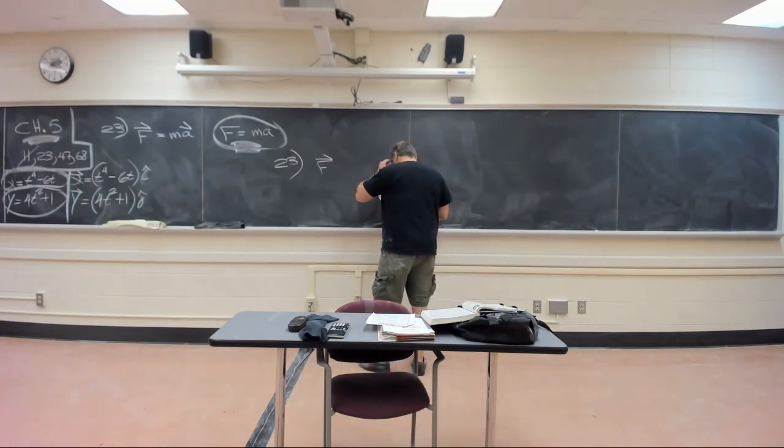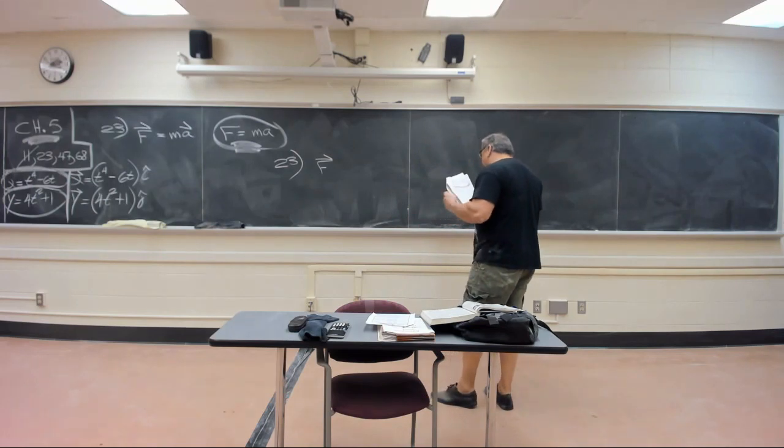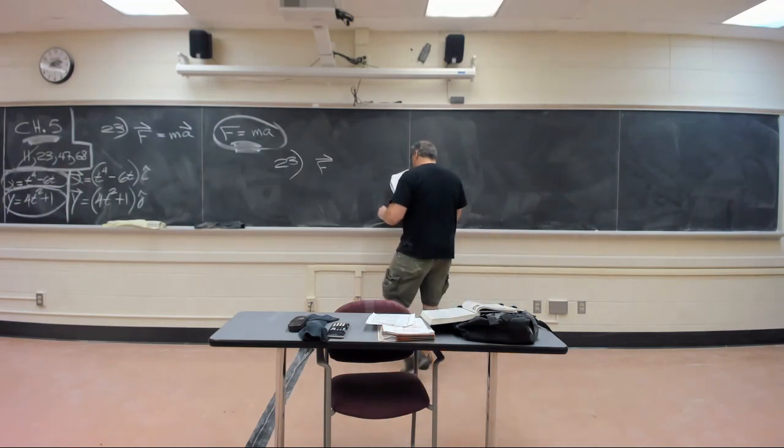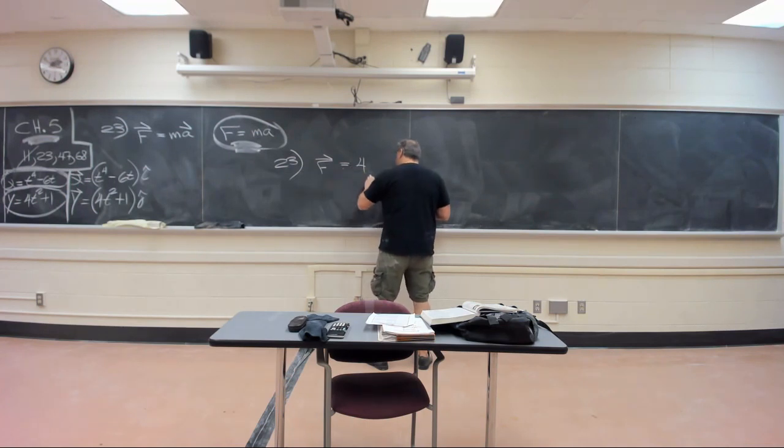Or perhaps maybe not an infinite amount, but there's a lot of ways these things can be done. If you play the game right, you can get a lot of different answers here. Our concern is we're not worried. It's 4 kilograms. Force equals mass times acceleration.